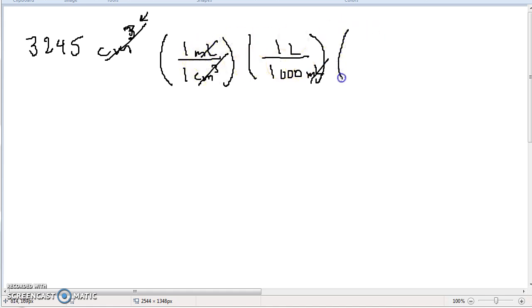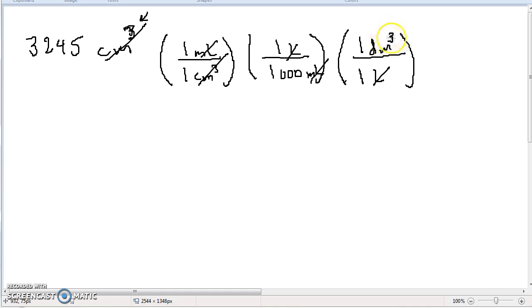And then there's another conversion factor on the sheet that says 1 liter is 1 cubic decimeter. So you see, I didn't really have to use the fact that the 3 means cubed. I just used the conversion factors directly without ever needing to cube anything.